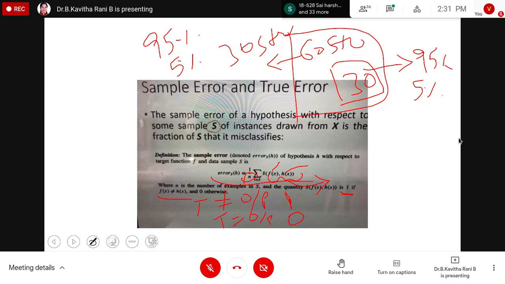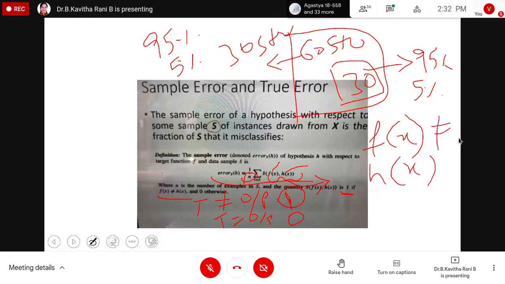So here, if we are getting 1, it means that there is some error. Okay, so if the learned target function f of x is not equal to the predicted value, that is h of x, then it is error.